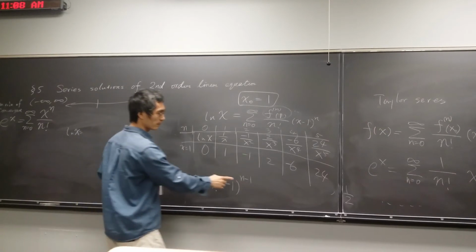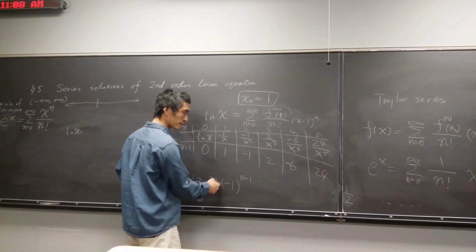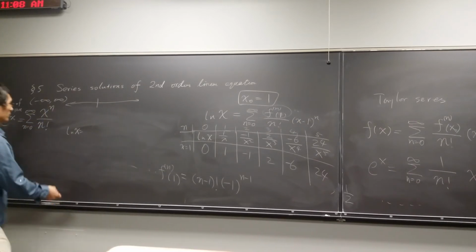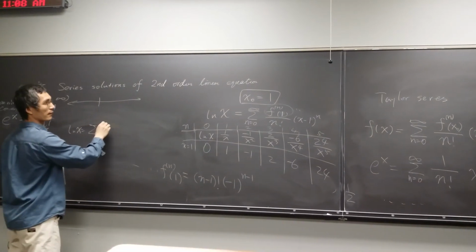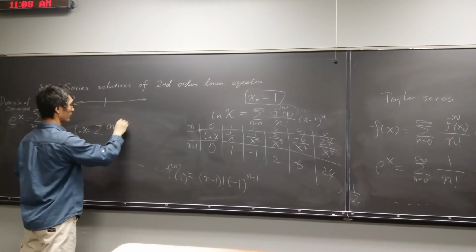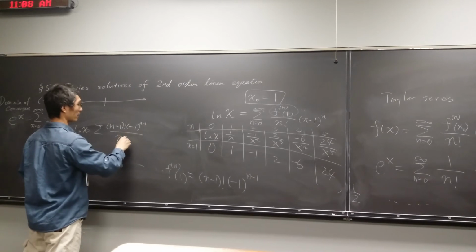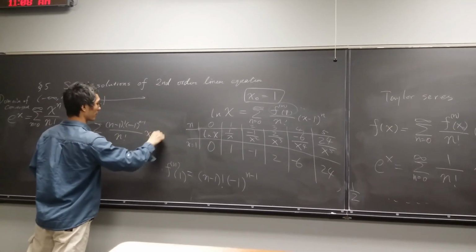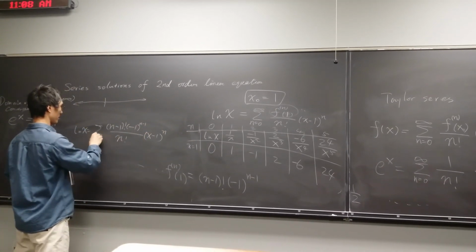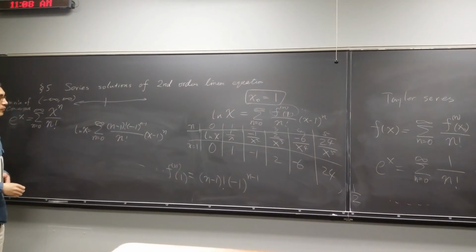Because when n is odd, this is even, so you get positive. So the numerator would be negative 1 to n minus 1 over n factorial and x minus 1 to the n. Right, that's what we have.